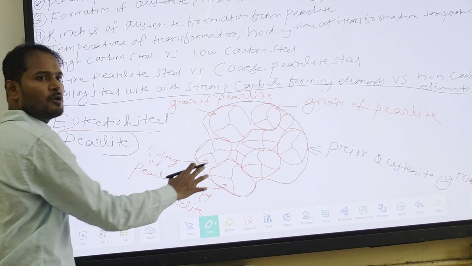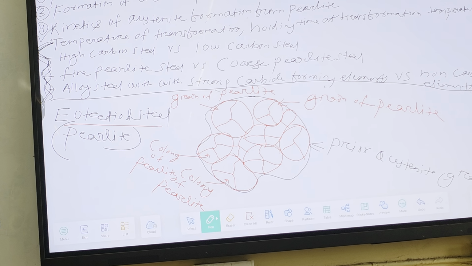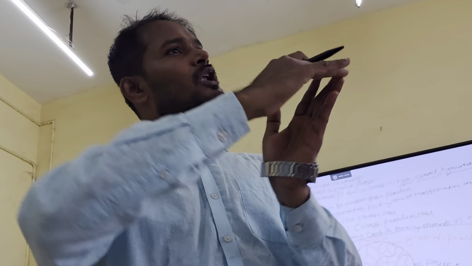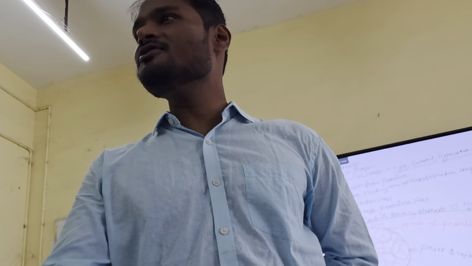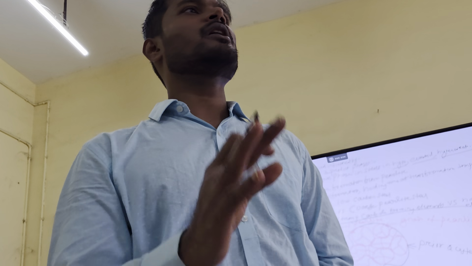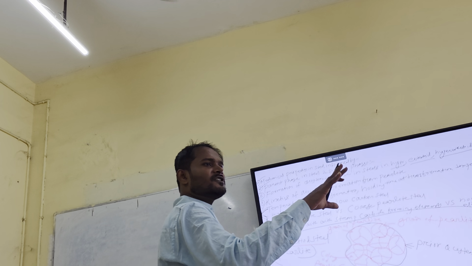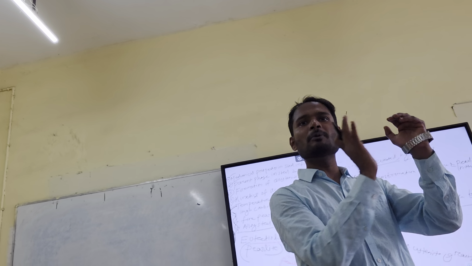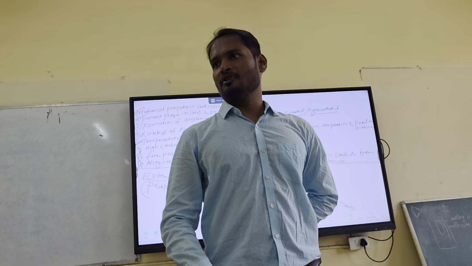So multiple colonies will be there in one grain. And what is the difference between the colonies? If you go from one colony to another colony, the arrangement of ferrite and cementite lamellae will be different in orientation. That is the difference, you have to remember. Otherwise many people get confused. So grain is different, colonies are different. That means each grain of pearlite has multiple colonies of pearlite.